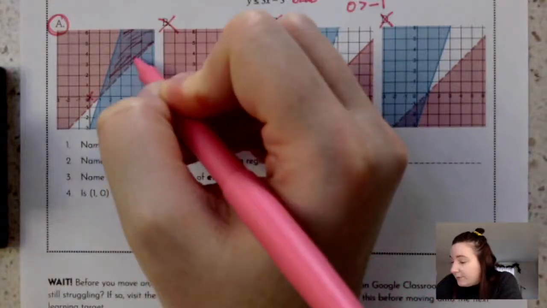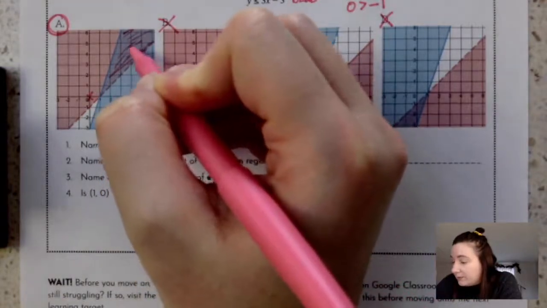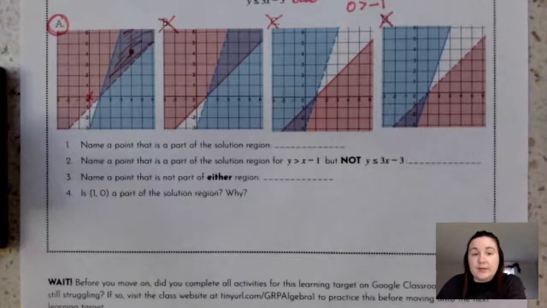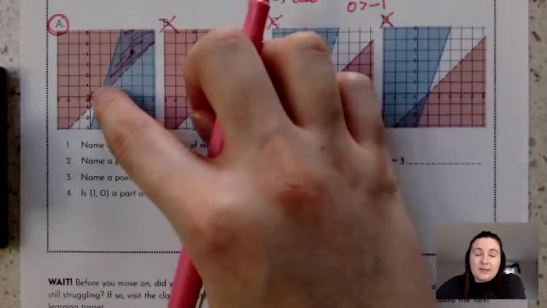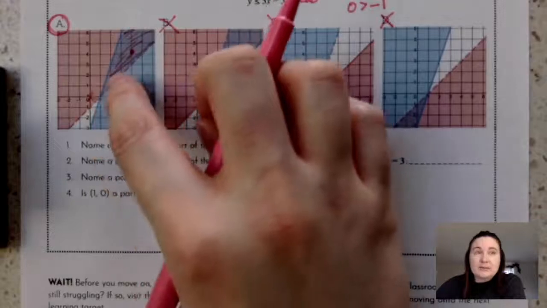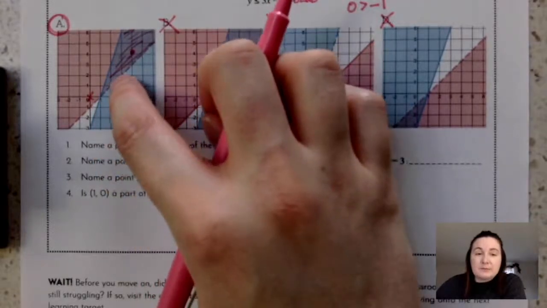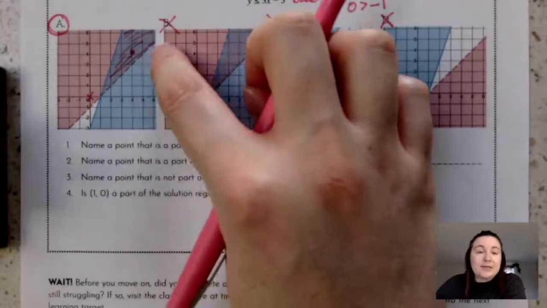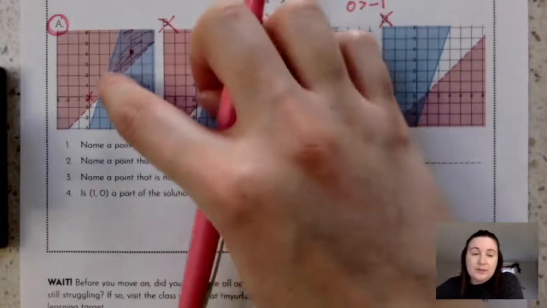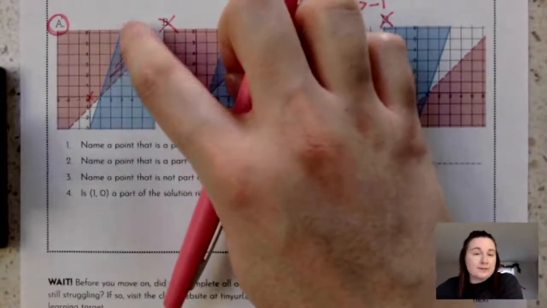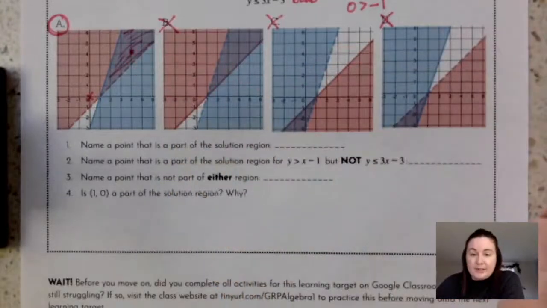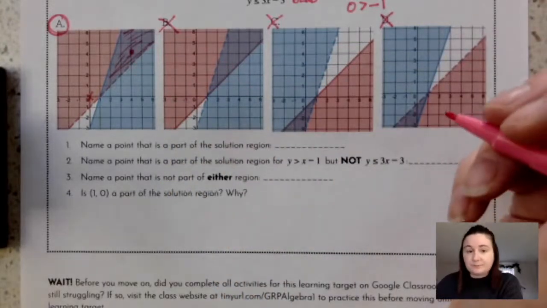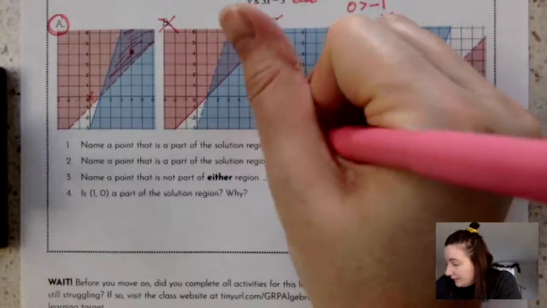I'm going to do 4, 4. See how that is very clearly in the area? Don't pick ones on the line because sometimes they're in the solution, sometimes they're not. If they're on a dashed line, it's not part of the solution. If it's on a solid, it is. So just a heads up. I always like to be really careful and put it right in the middle of the area so there's no confusion. So my point is 4, 4.